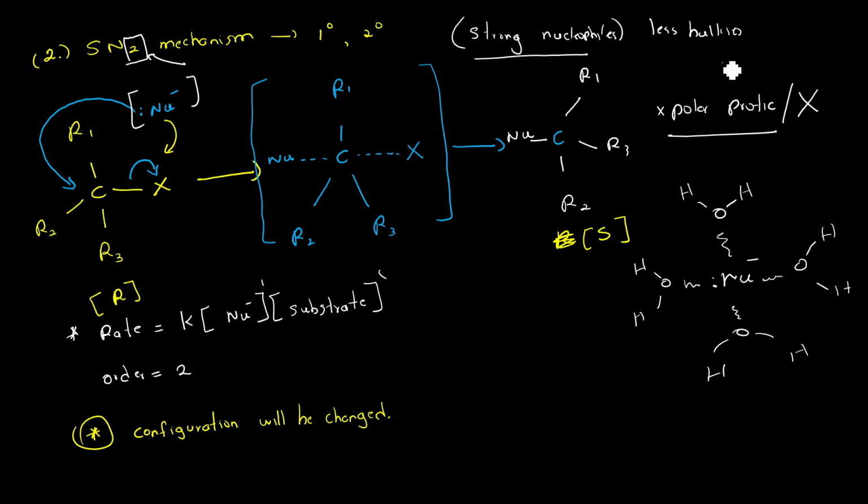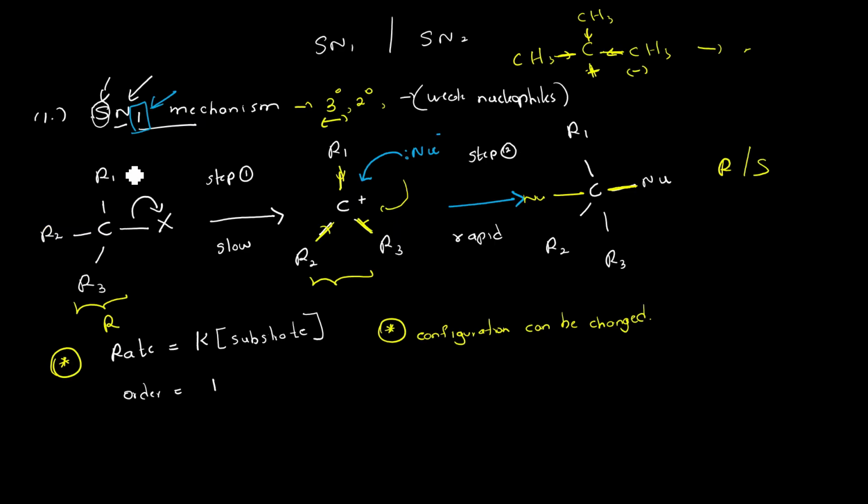Polar aprotic solvents are much more suitable for SN2, because they're not going to stabilize the nucleophile. It will push the nucleophile away, and so the nucleophile will go and attack our carbon. But in the SN1 case, look at this, our nucleophile has no effect on the rate.